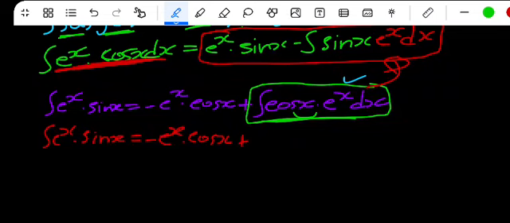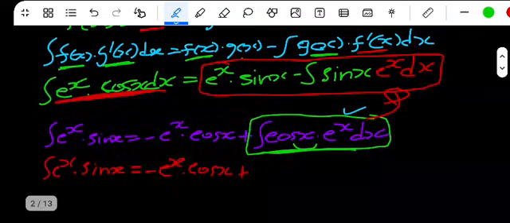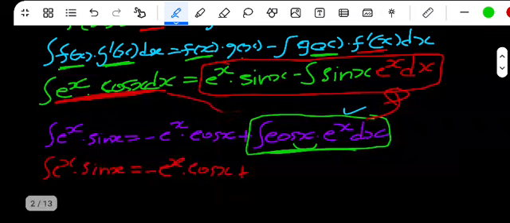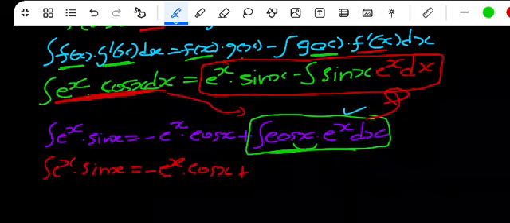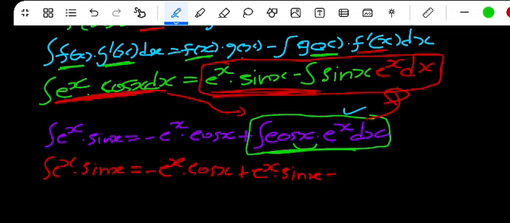We've simplified that, so we'll substitute there. It's what we have on the top: e^x multiplied by sine x minus the integral of sine x multiplied by e raised to the power of x dx.